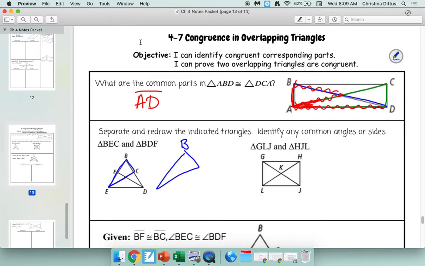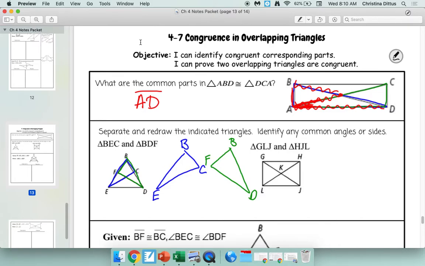And let's label it B, E, C. And then I have triangle BDF, and that looks almost the opposite, where B's here, D's here, and F is here. Alright, so we got our separated triangles.